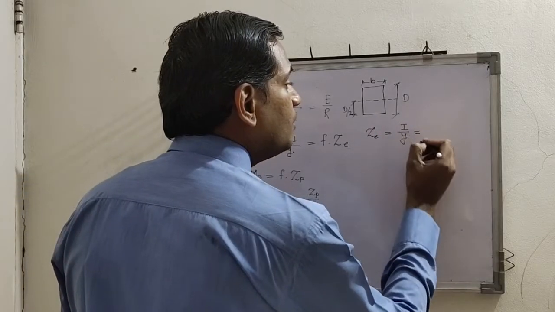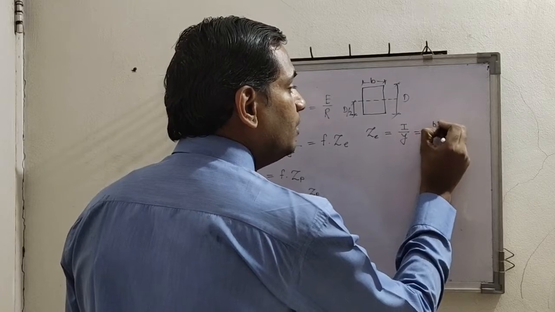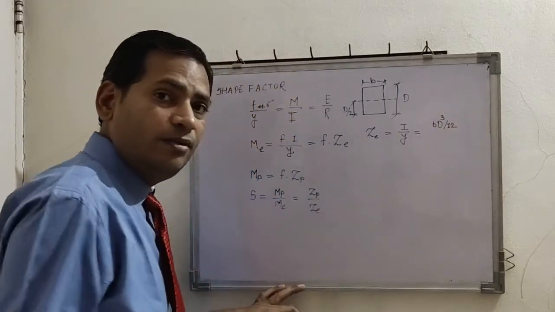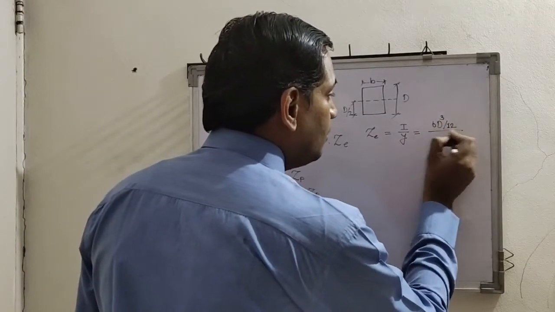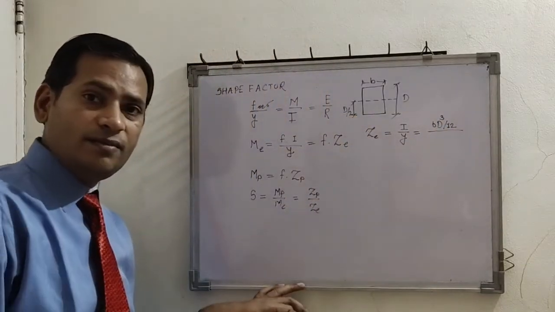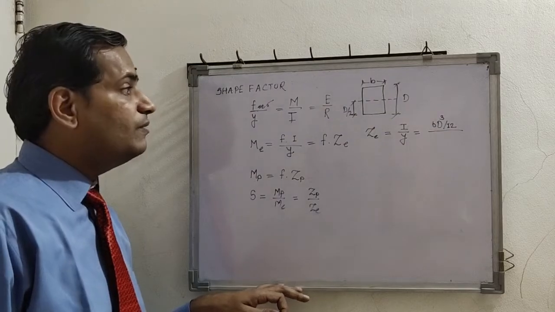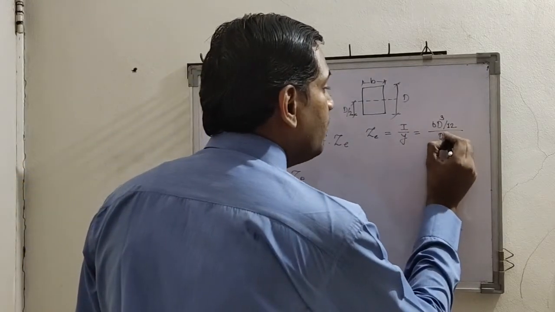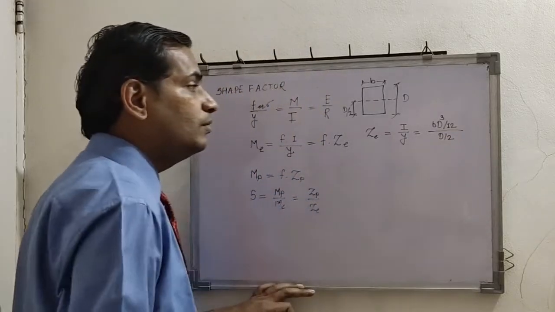So I is equal to b into capital D cube upon 12, divided by Y, the distance of extreme fiber stress from the neutral axis, which is D by 2. So what will be this ratio?